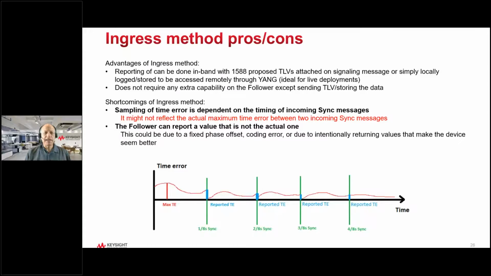And the second downside is that a follower can report, because it does the calculation itself, any value it wishes, including one that is not correct, either due to coding error or intentionally. And as has also been pointed out, there are limitations to how this can be propagated.